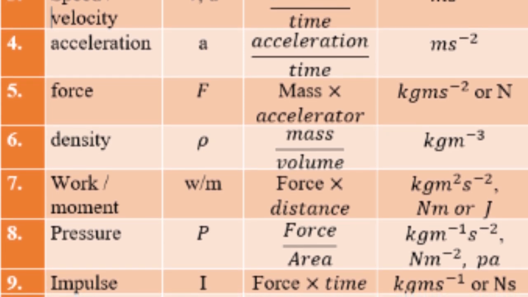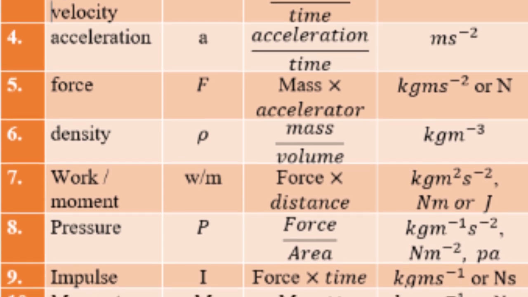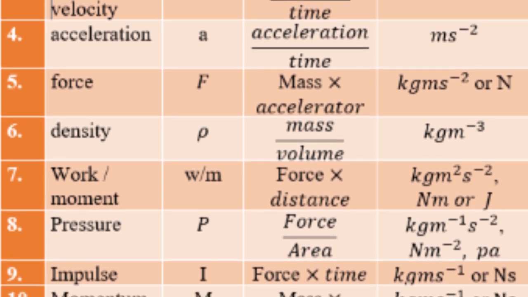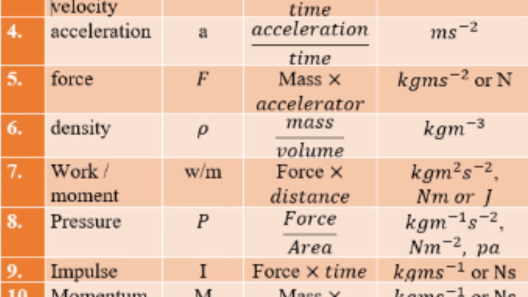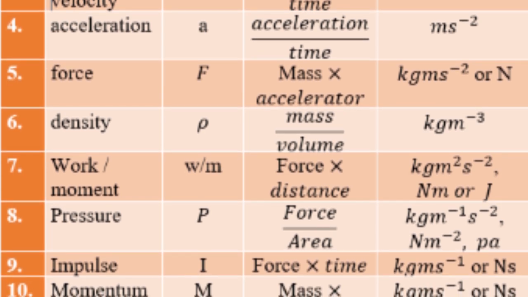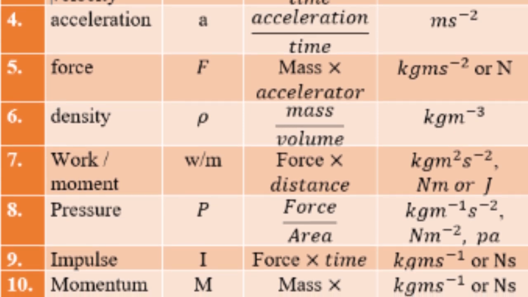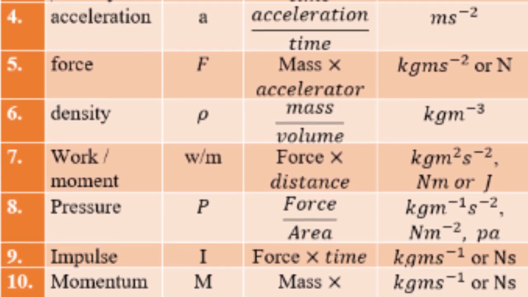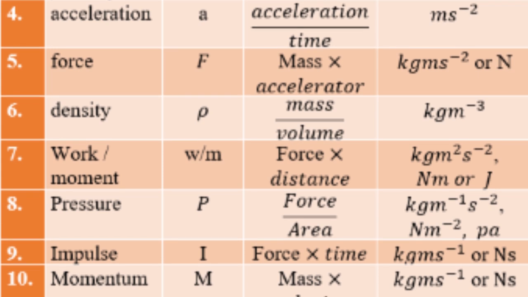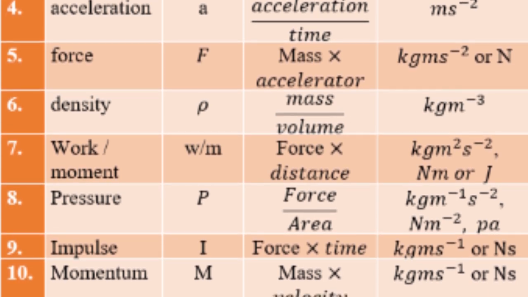Number 6 is density and the symbol for density is rho and the formula for density is mass all over volume, and density is measured in kilogram per meter cube. Number 7 is work or moment. Work done or moment of a force.